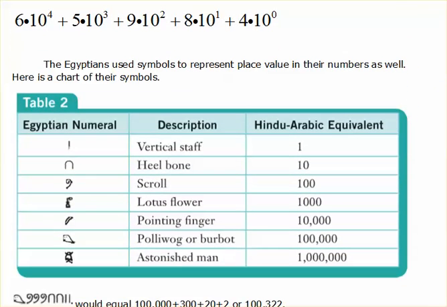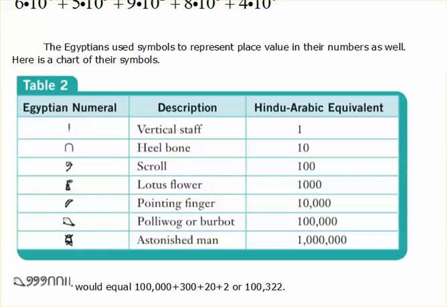All right, now, here's what I was talking about when I said we were going to talk more about the Egyptians. The Egyptians had some really cool and interesting hieroglyphics that they used to represent their numbers. So we have this straight line, which was called a staff, and it's worth 1 of our numbers.